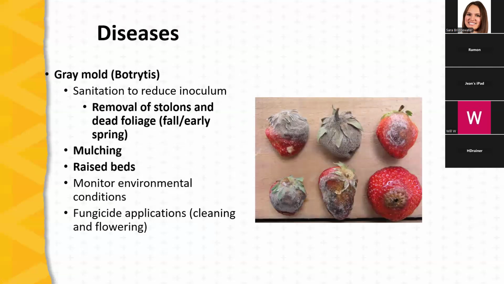There are some pictures about diseases. What you see here is mostly gray mold or botrytis. The bottom right looks more like anthracnose. That's another type of infection. So you want to improve sanitation to reduce inoculum: remove the stolons and dead foliage in the fall.